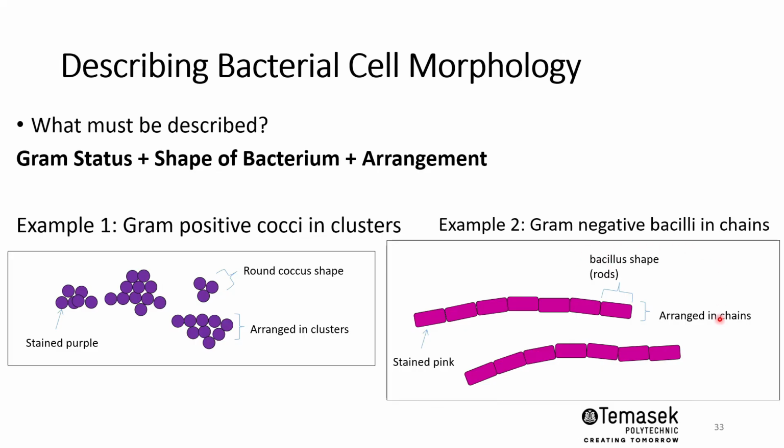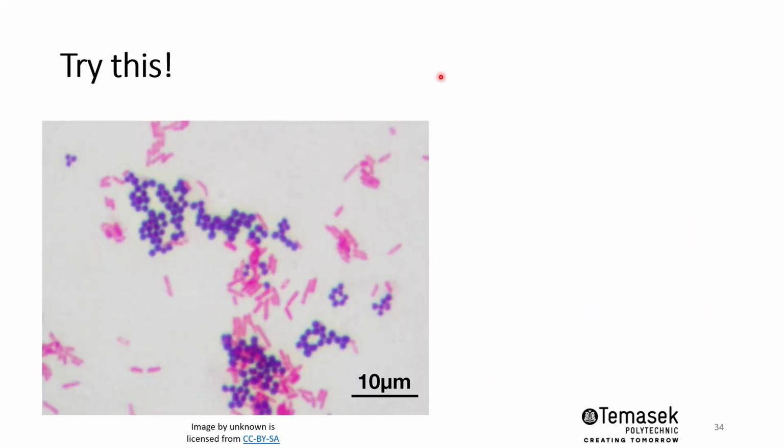Okay, try this now. Look at this image here on the left. What do you see? You should see cocci-shaped bacteria that are stained purple. You can also see rod-shaped bacillus-shaped bacteria stained pink.